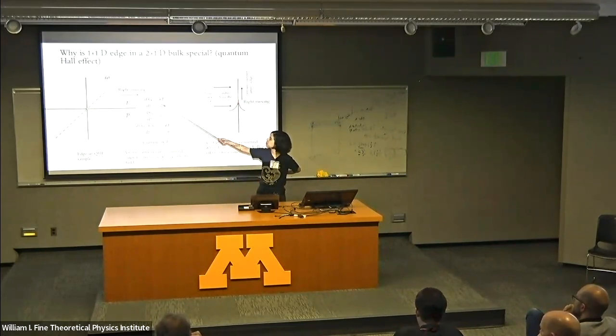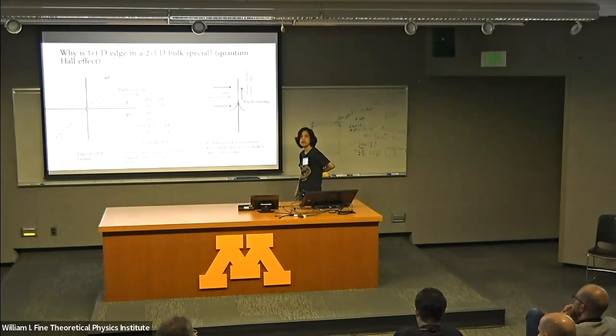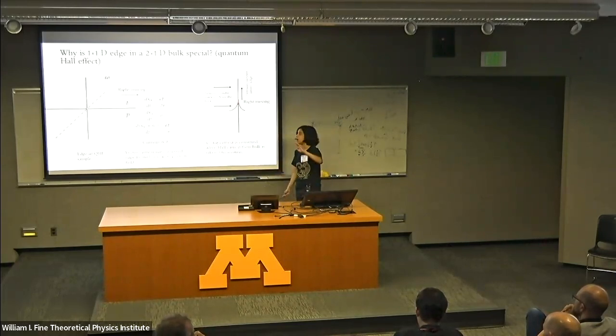And here I'm just drawing the right moving one. And as you know, if I apply an electric field, the population of the right moving branch will go up. And there's no left moving branch. So vector current itself is not conserved. So this theory by itself is sick on the boundary.